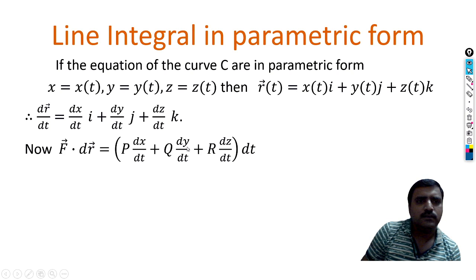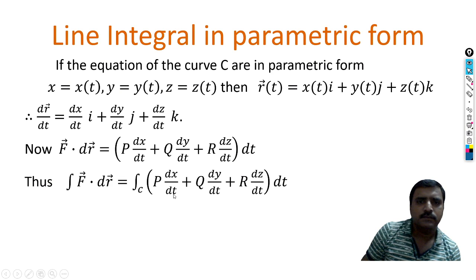So now F dot dr is P into dx by dt, Q into dy by dt, R into dz by dt, into dt.